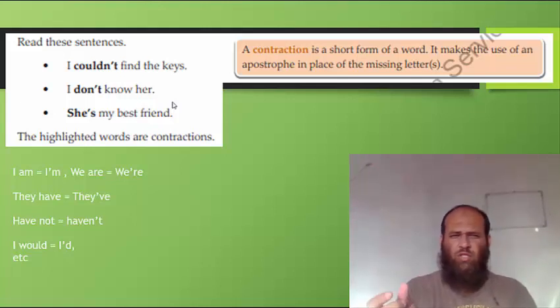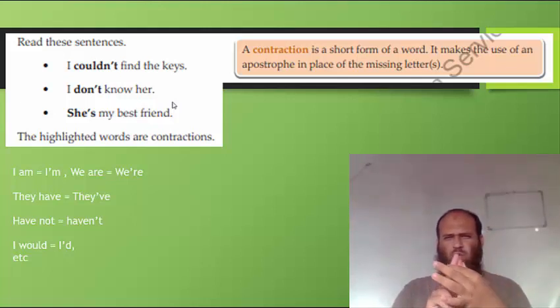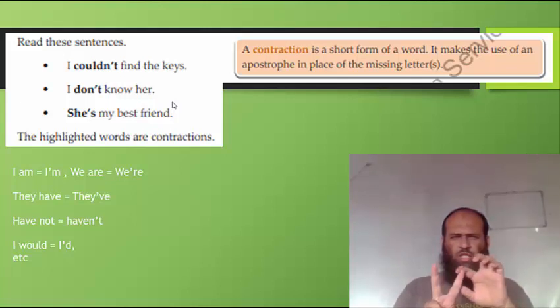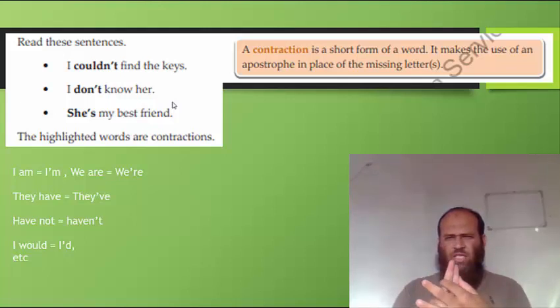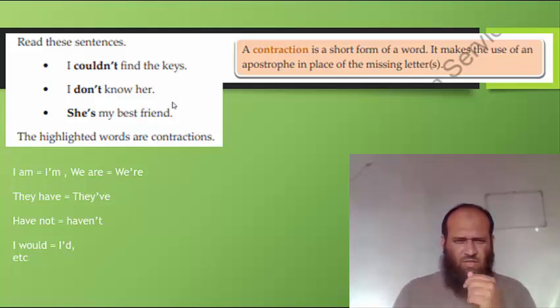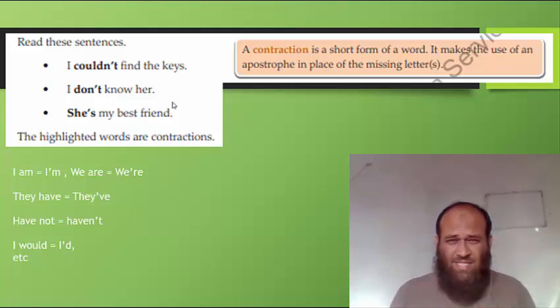I do not know her. I don't know her. Do not, don't. Could not, couldn't. She's my best friend. She's my best friend. So these are some examples of contractions.